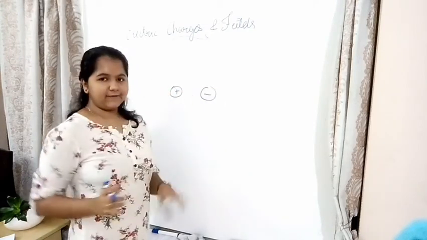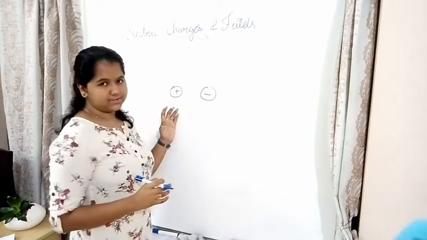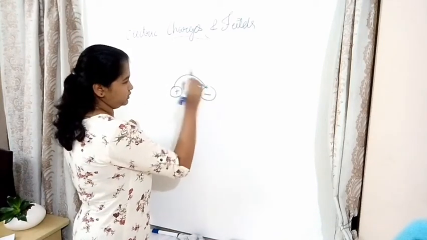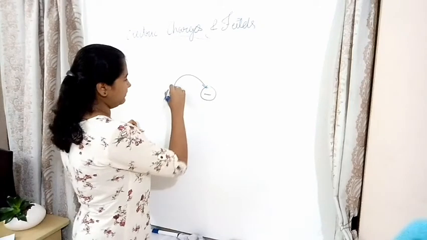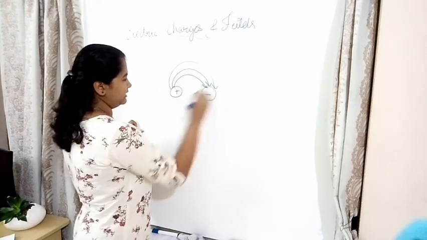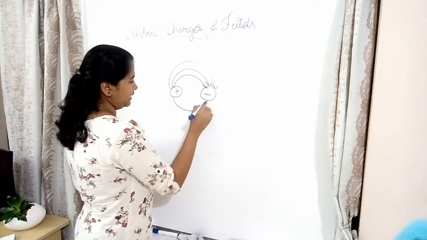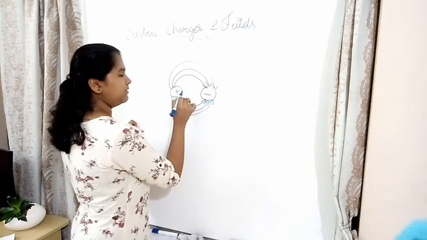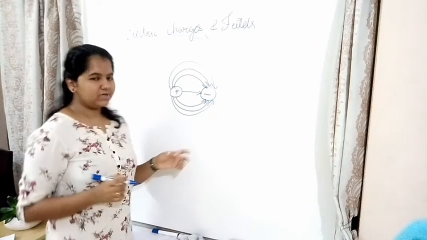So what did I say? From positive, the field lines are outwards. So we'll start from here, go to here. Over here it's inside. Again from here it'll go inside, again from here, from here also, it'll go inside. Yeah, from positive to negative. So what did we learn?